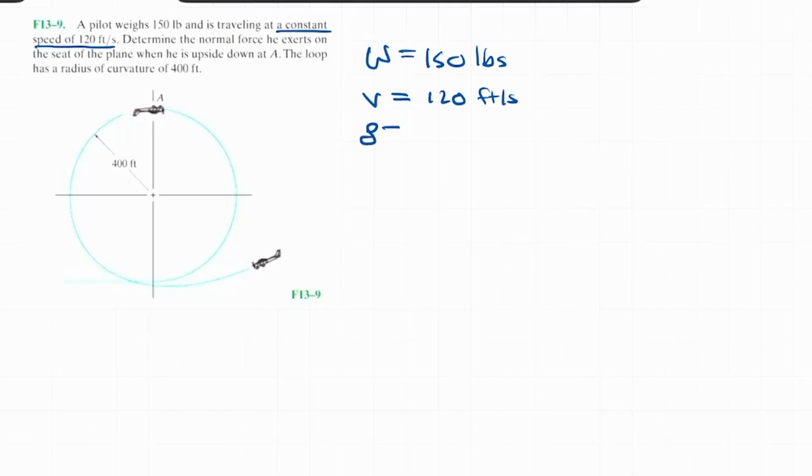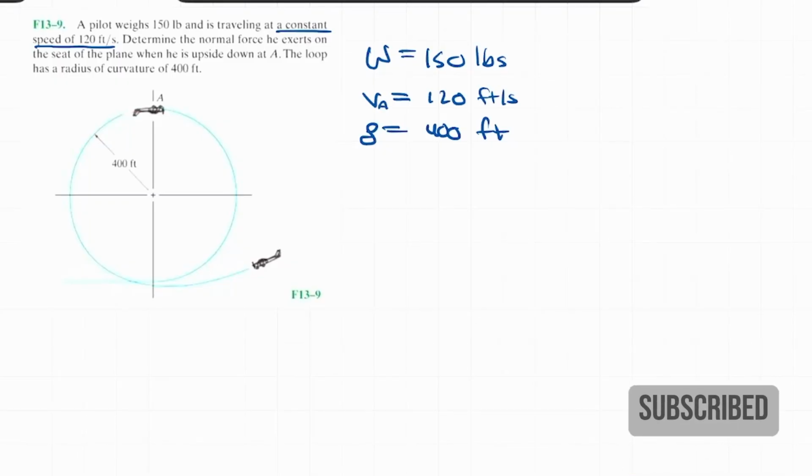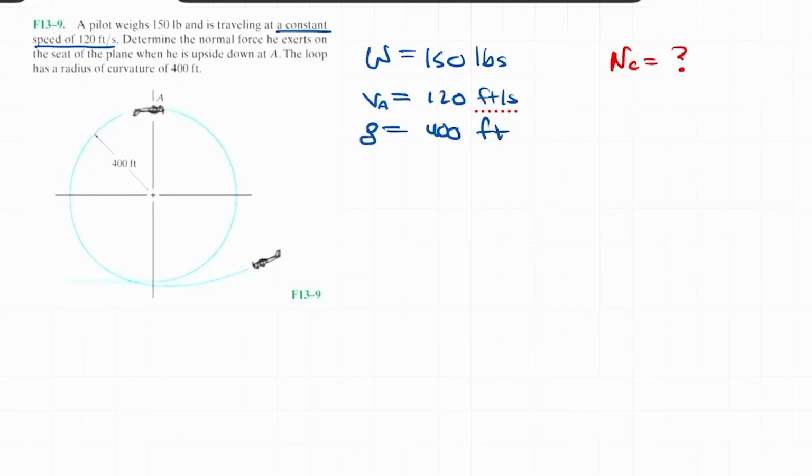And the radius of curvature is 400 feet that he does that loop, and that is at A. So we are looking for the normal force the pilot exerts on the seats.